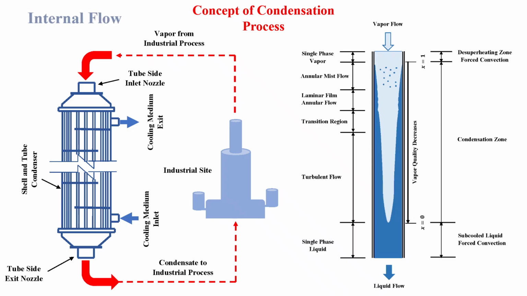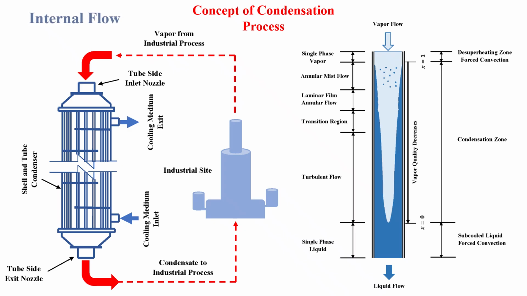This part is called condensation zone, and sometimes this liquid is cooled down to a temperature lower than its saturation temperature. It is called subcooled process, and usually this process, the subcooled liquid process, is experienced in most of the industrial sites in order to improve the thermal efficiency of the plant.